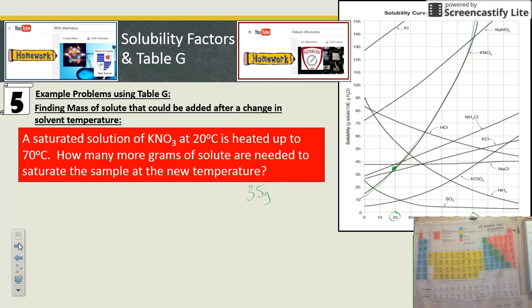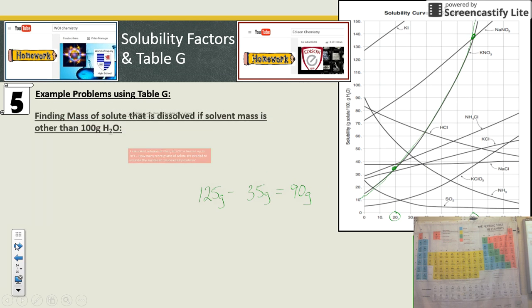At 70 degrees, whoa, huge solubility, about 125 grams. 125 grams minus 35 grams, let's see. It looks like you could add 90 more grams of material by heating that solution up. That's pretty huge change in solubility over that temperature range. Let's see what other kind of problems we got to solve.